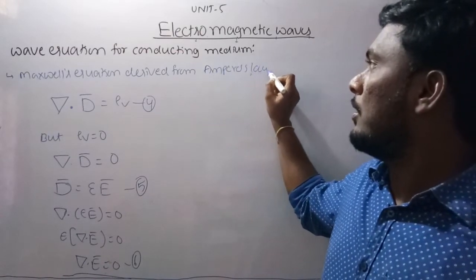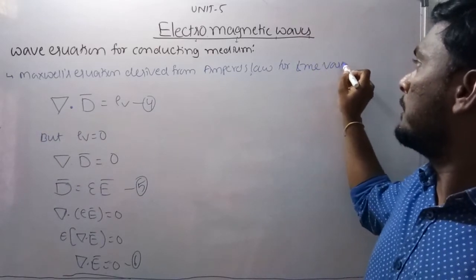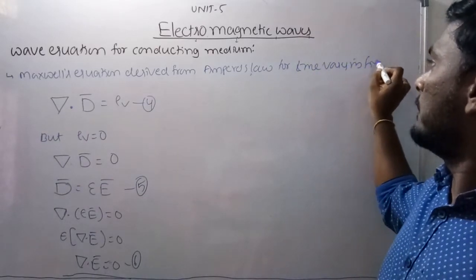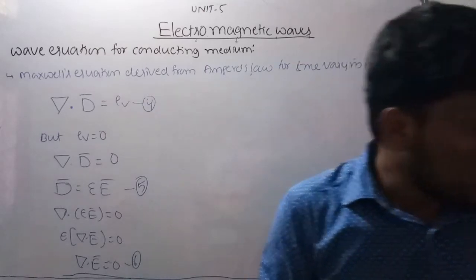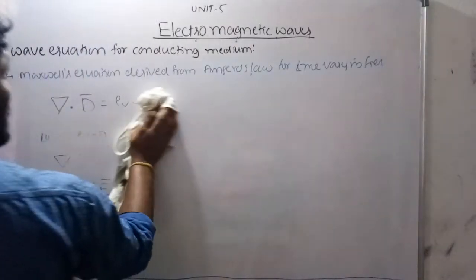So tell me, what is Ampere's circular law for time varying fields?